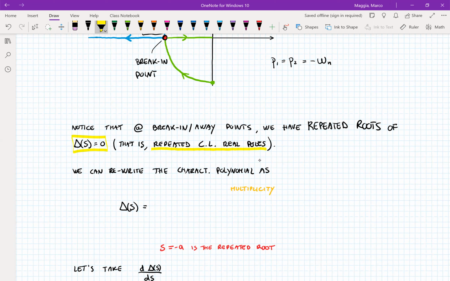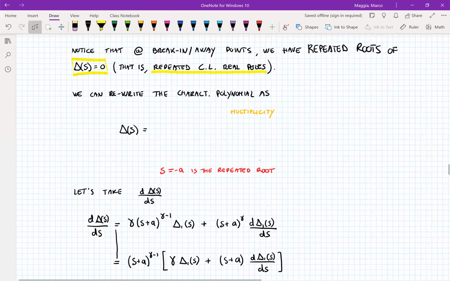If they occur on the real axis, well, obviously they're going to be real poles. So a mathematical condition to find the break-in and breakaway points is developed as follows. I'm not going to go over the entire mathematical proof. I still wrote it down, so if you're curious, you can just go over it. And if you don't understand something, you can always ask me.